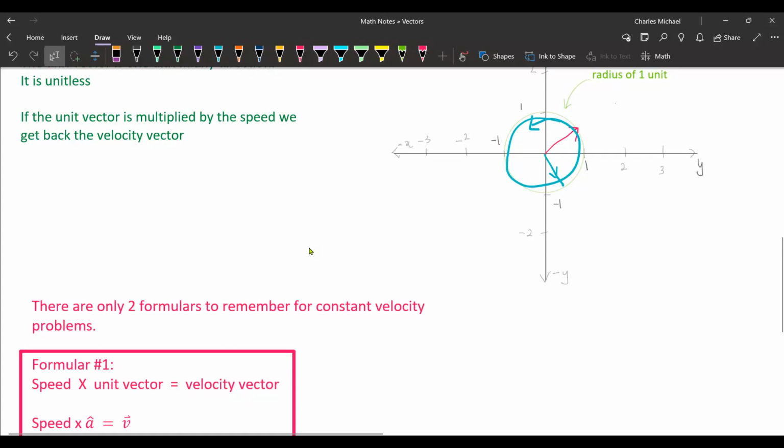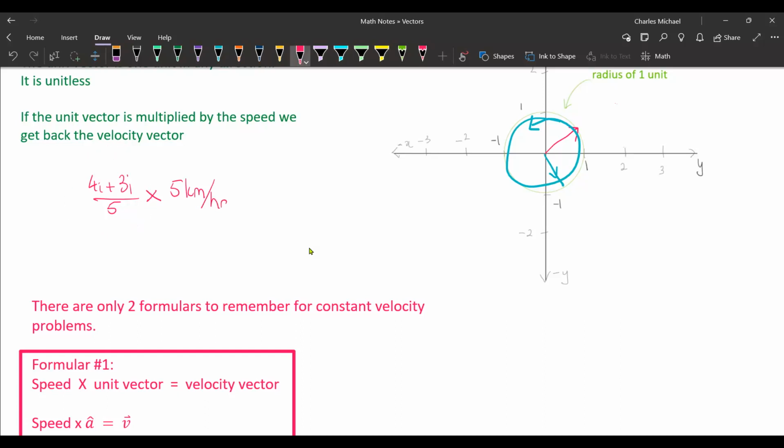Why is it useful? Because there's a formula that depends on that. Let's take the unit vector of 4i plus 3j divided by 5. What happens if I multiply this by the speed of 5 kilometers per hour? You remember the unit vector has no units.